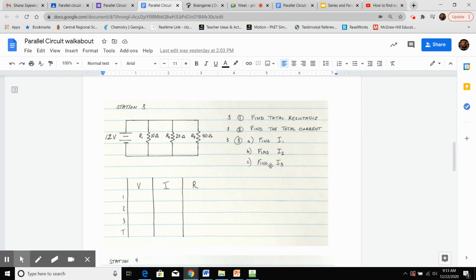Once you have the total resistance, which you already need to find, and the total current, then you're basically just filling this out. Remember that the total voltage here is always the same as the battery for a parallel circuit like this, so this is all 12. You already know all the resistors, so you can just divide out to find the currents.